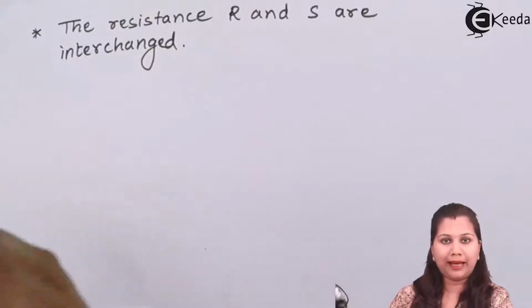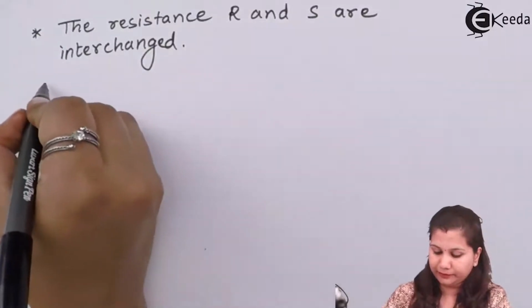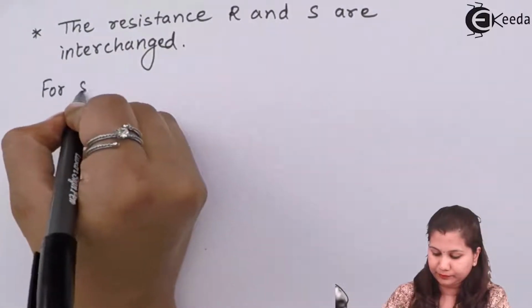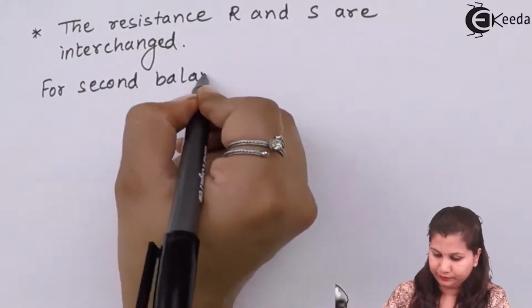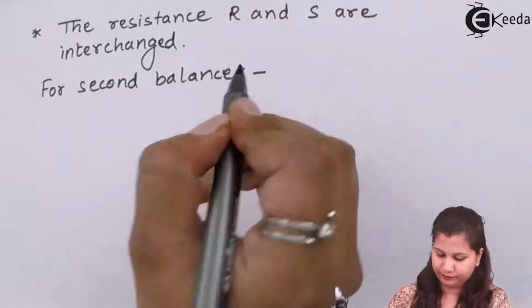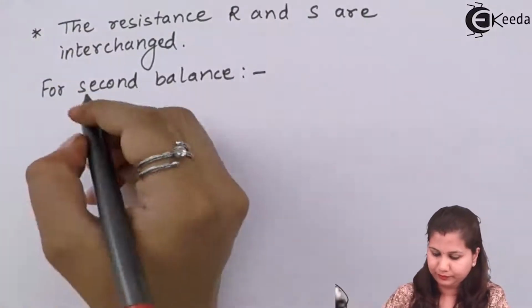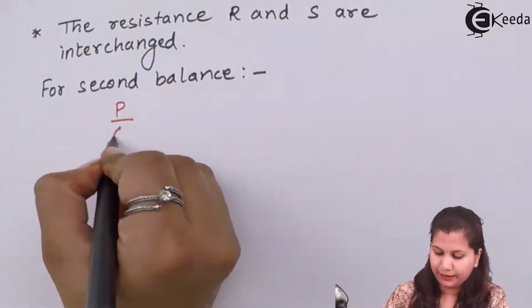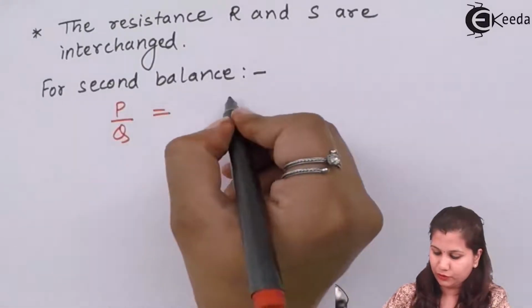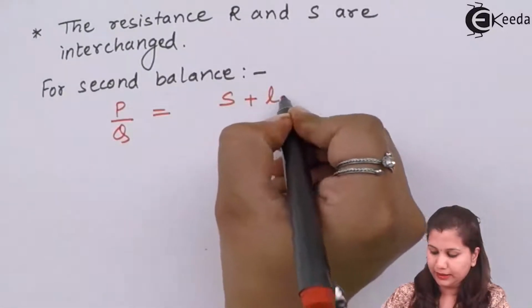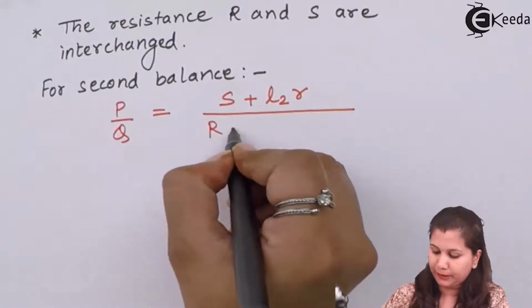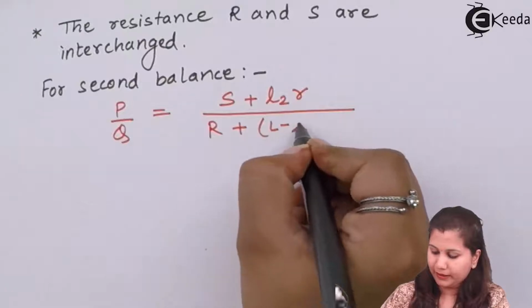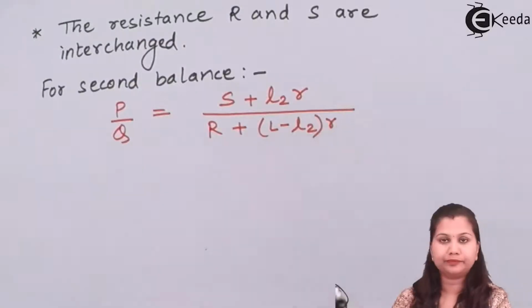So now the balance equation will be, again, P by Q equals S plus L2R upon R plus L minus L2 times R.